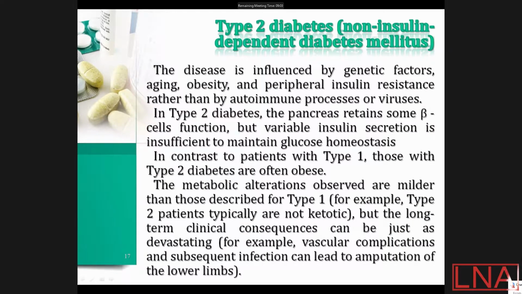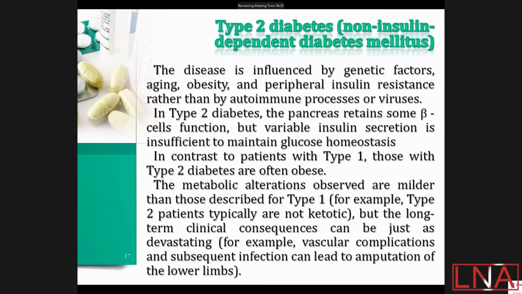Type 2 diabetes, non-insulin dependent, might be the result of other factors. First of all, also genetic factors, but also obesity, viruses, autoimmune diseases and peripheral insulin resistance may be causes of type 2 diabetes.